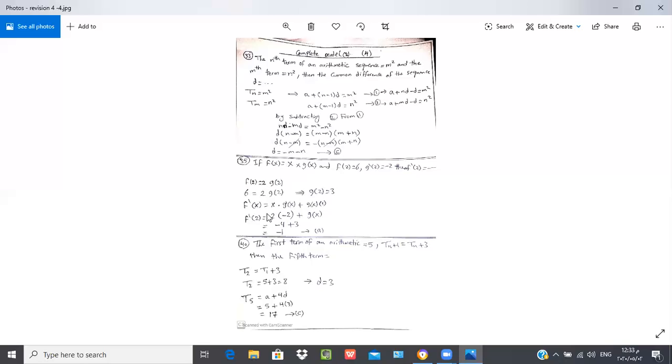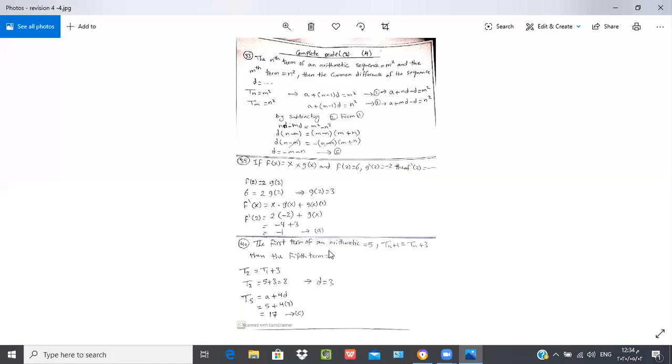F dash of 2 equals, he said that g dash of 2 equals negative 2, so instead of this part, I will put negative 2. Instead of x, I will put 2, multiply g of x. So f dash of 2 equals negative 4 plus, we found g of 2 before, g of 2 equals 3. Negative 4 plus 3 will be negative 1. Okay, please study it well, very important.